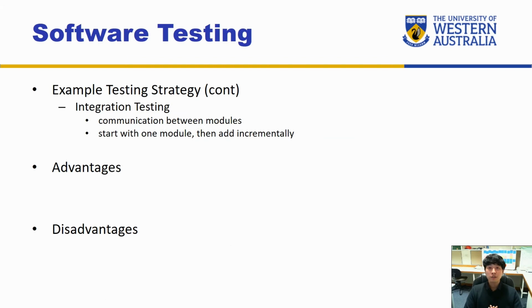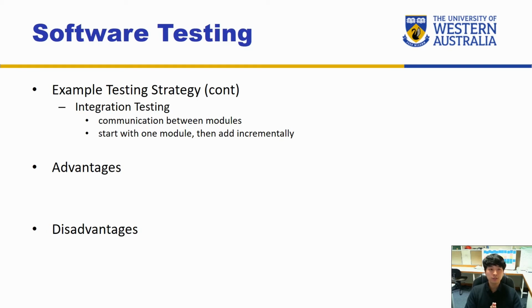When we move to integration testing, we can start looking into testing some of the dependencies between those modules. We can start with a single module and then start adding more connections to those modules and test how secure those connections are.